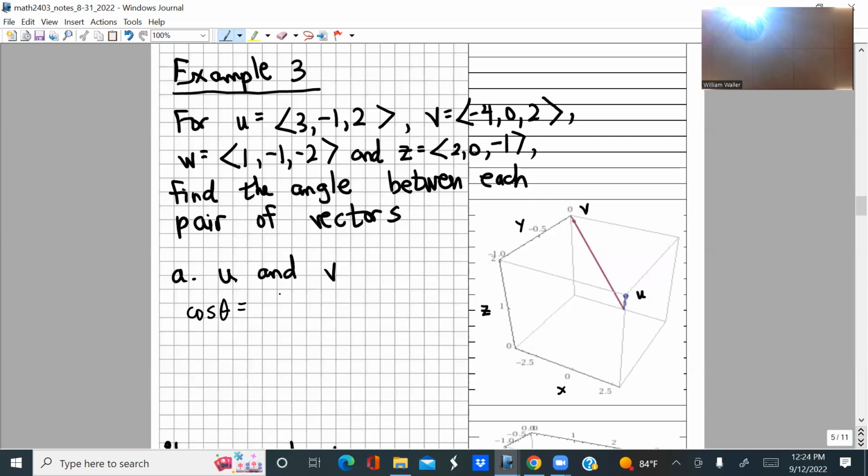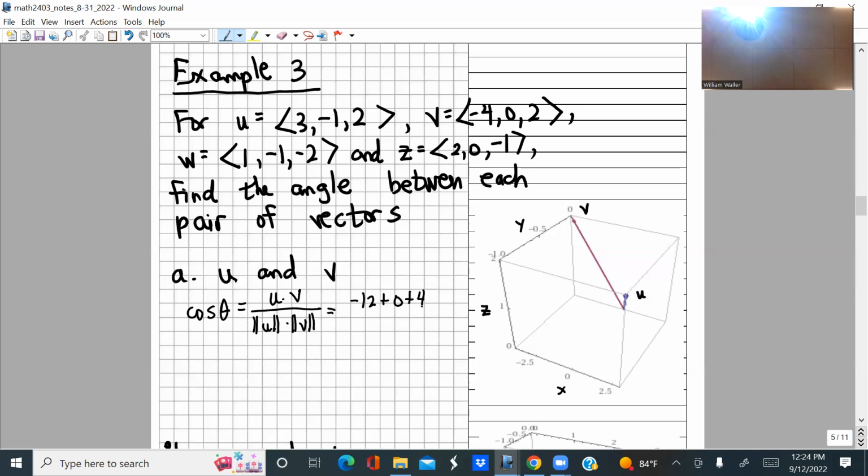So cosine of theta is again u dot v over the magnitude of u times the magnitude of v. Does this work out to be 0? Doesn't look like it, does it? So the dot product there is -12, plus a 0, plus a 4.